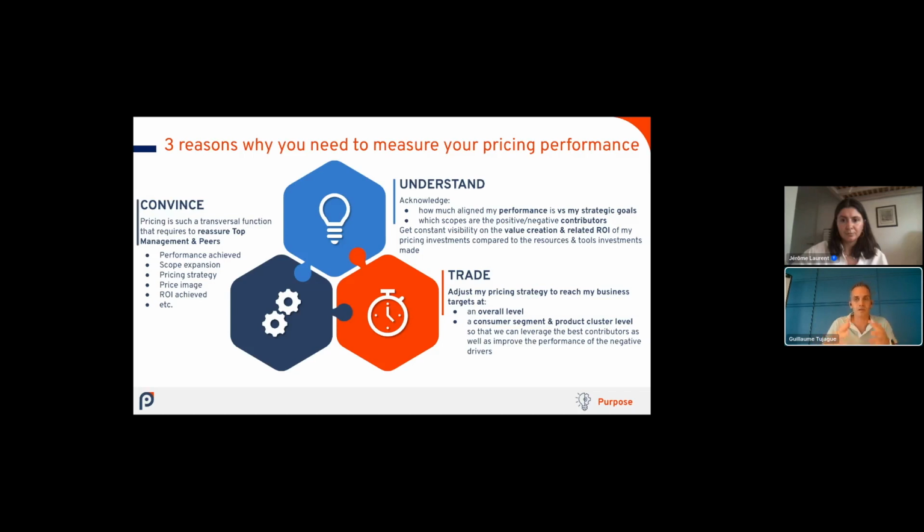Adjust it both at a macro level, meaning at overall level, and as well in terms of consumer segment and product cluster. So all in all, we believe that we are all willing to measure the pricing impact in order to understand it deeply, but also granularly, in order to convince our stakeholders, and finally in order to pilot the performance.